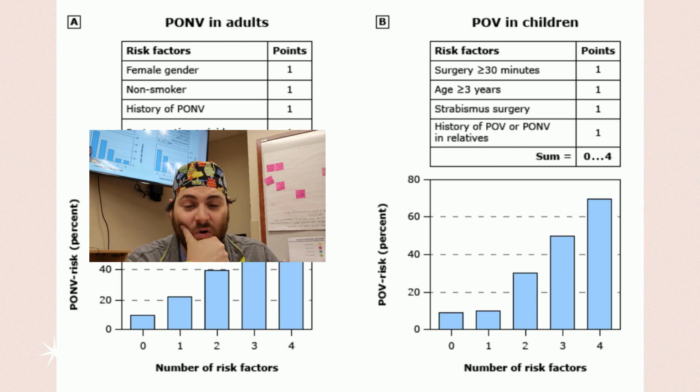Having 1 risk factor for an adult doubled your chances. Over in a kid, not so much. But then when we go from 1 risk factor to 2 risk factors, we're getting into 30%. 3 risk factors put you at 50%, and 4 over 60, right? So this is an issue in kids as well, right?